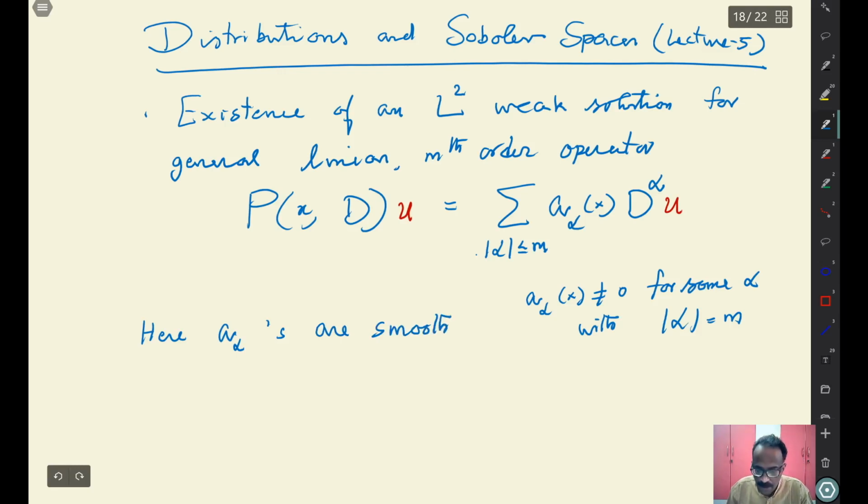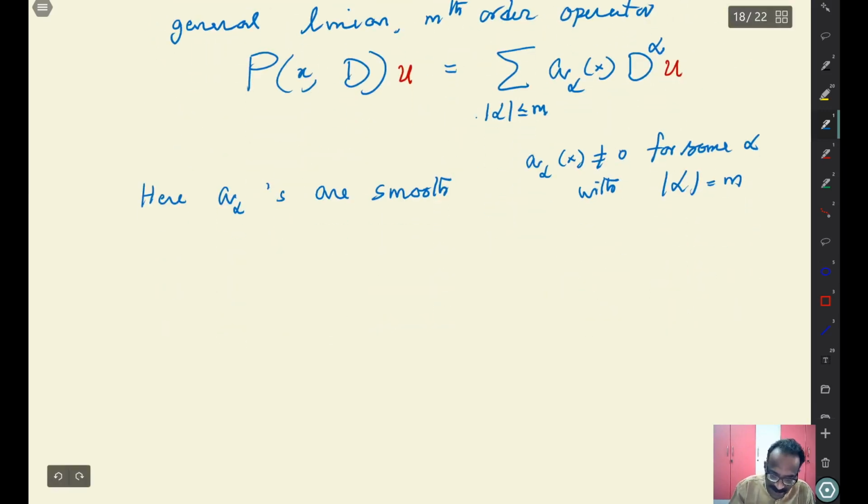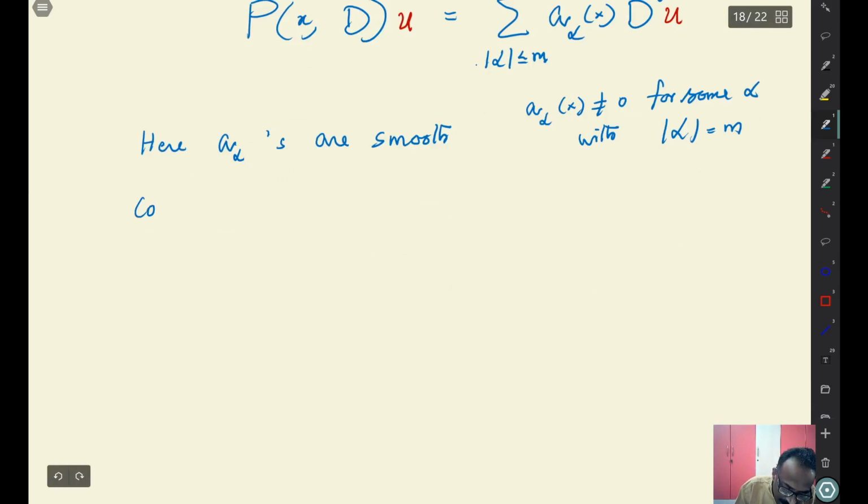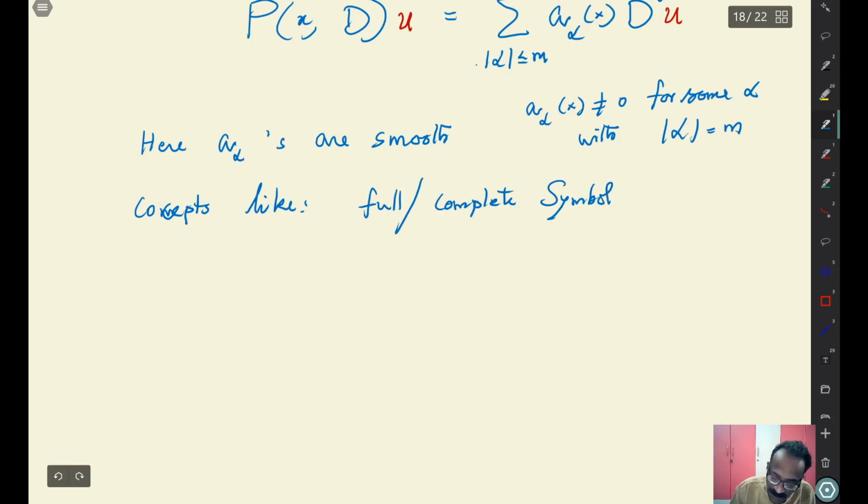There are some concepts which we don't need here, like the full or complete symbol. When you read other books and learn more, you will see what is called the full symbol, which is a polynomial of degree m, equal to the sum of a_alpha(x) xi^alpha, with mod alpha less than or equal to m.